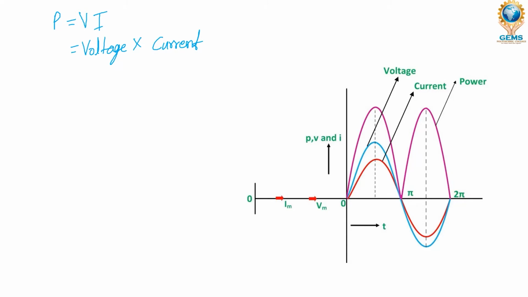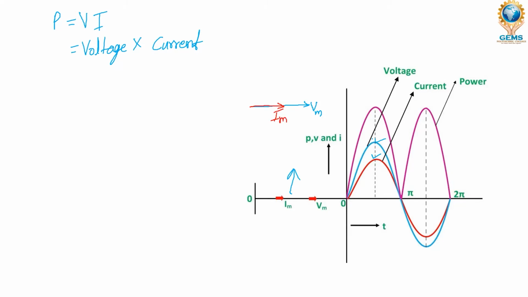Here we have the voltage in the upward direction, and the current is also in phase. When we apply some voltage Vm, the current Im flows in phase with it.